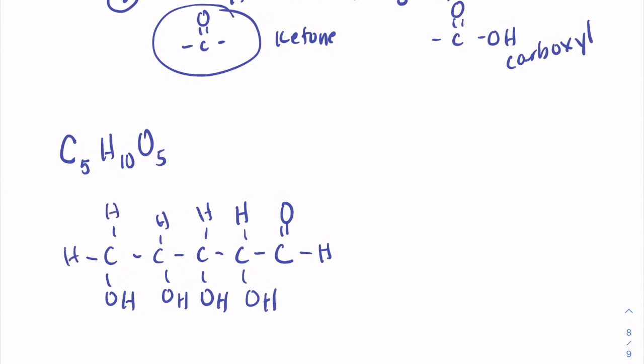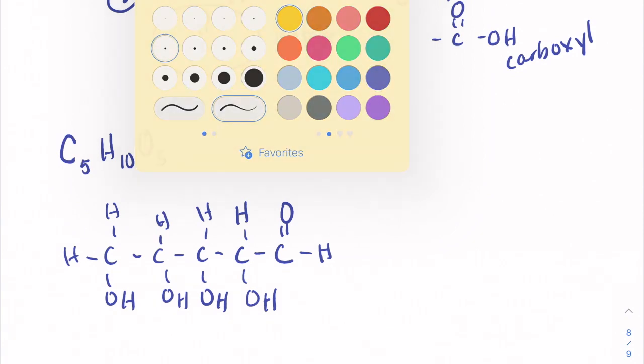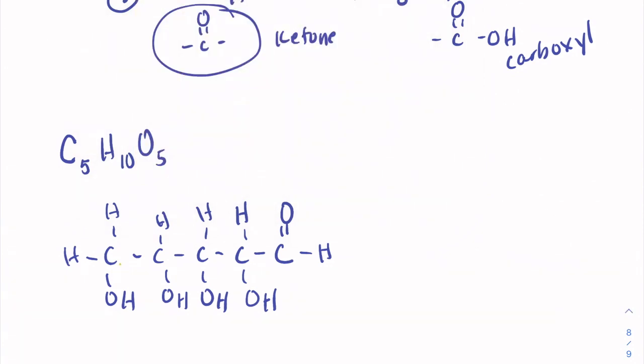Okay, so we've got 5 carbons, got those. Let's count up oxygens next. 1, 2, 3, 4, 5. Got those. We're good. And the rest are hydrogens. 1, 2, 3, 4, 5, 6, 7, 8, 9, 10.